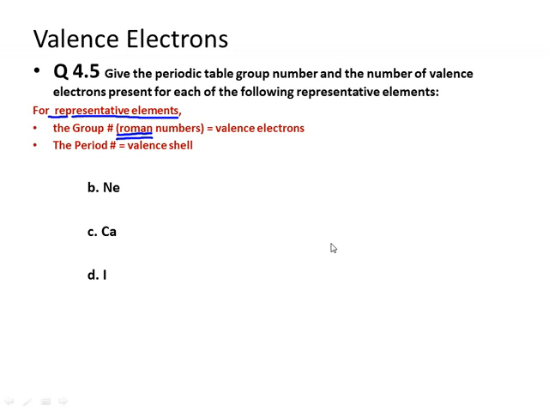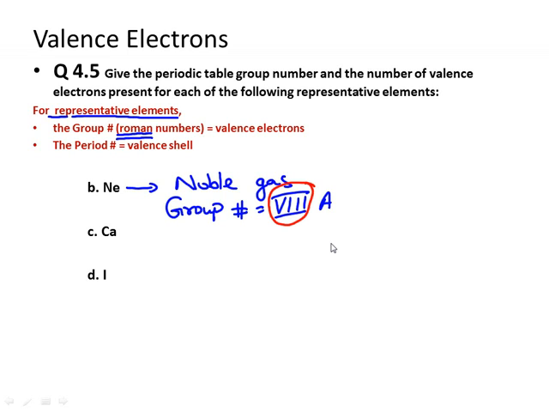Neon is a noble gas, and the group number for this element, and remember we are using the Roman numerals only, is 8A. In other words, since the group number is 8, the number of valence electrons in this element is also 8.